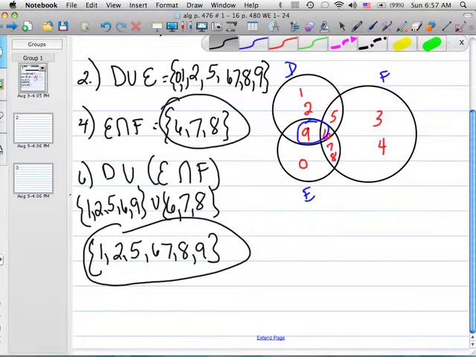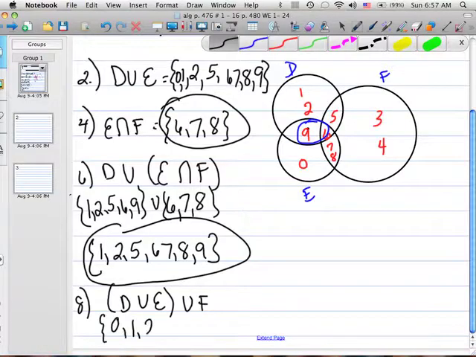And number 8 is D union E union F. D union E would be all of these numbers here, all of these plus all of these. And we're going to union it with F, so that would be the entire set of numbers. So if we put them in numerical order, we would have 0, 1, 2, 3, 4, 5, 6, 7, 8, and 9.